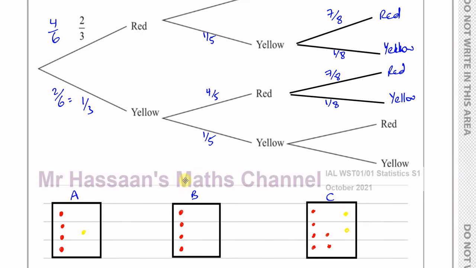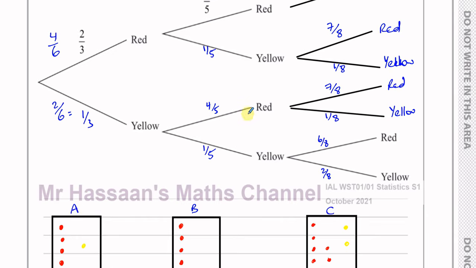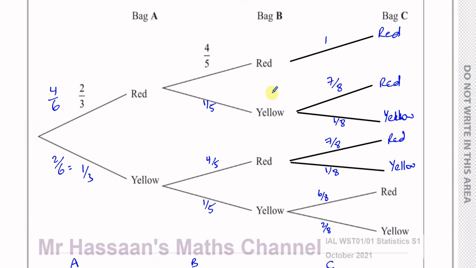He picked a yellow from bag B, which the probability of doing so was 1/5, because there was 1 yellow here. He's put that yellow there. Now bag C has 2 yellows and 6 reds. So the probability of picking a red is 6 out of 8, and the probability of picking yellow is 2 out of 8. So that's now the whole tree completely done according to the game that we have here.